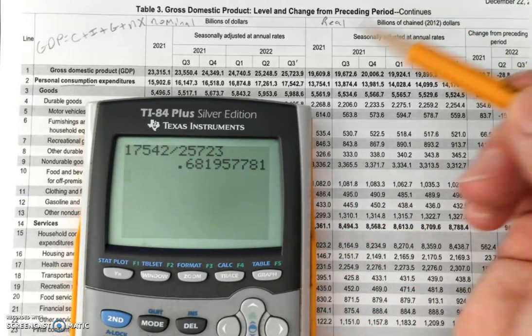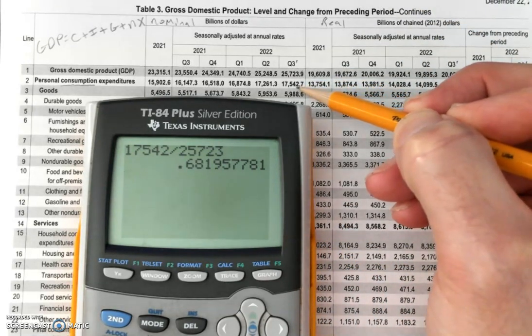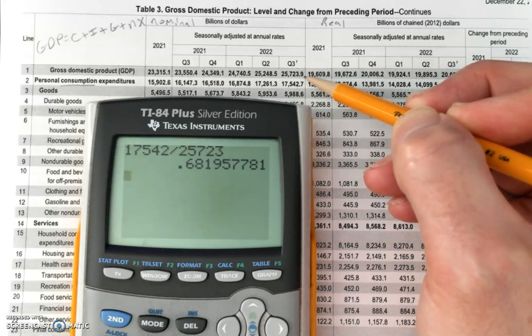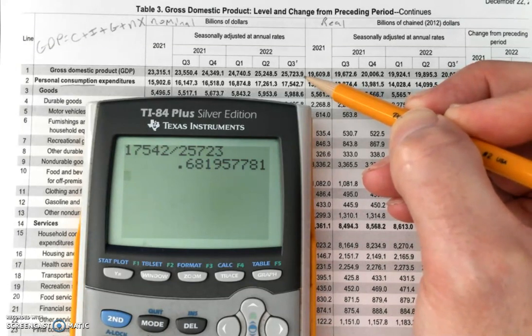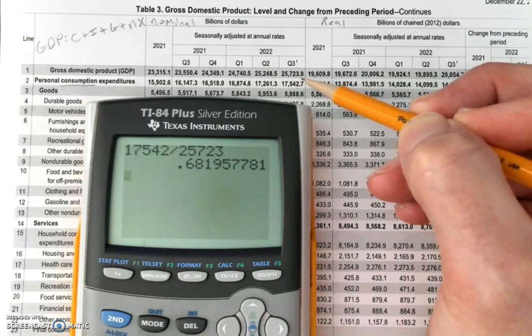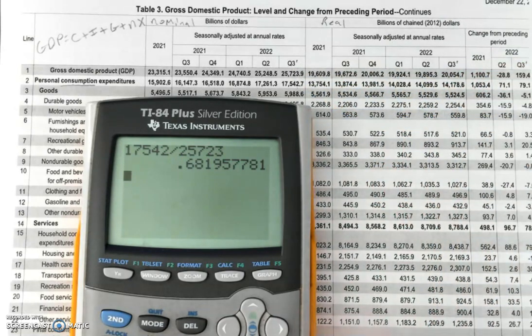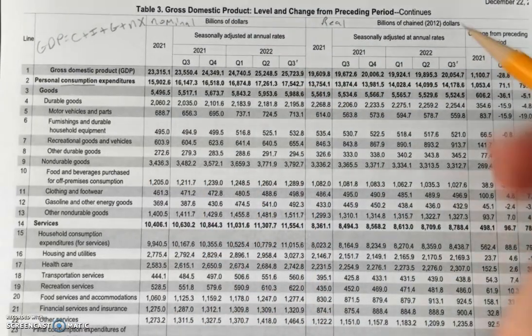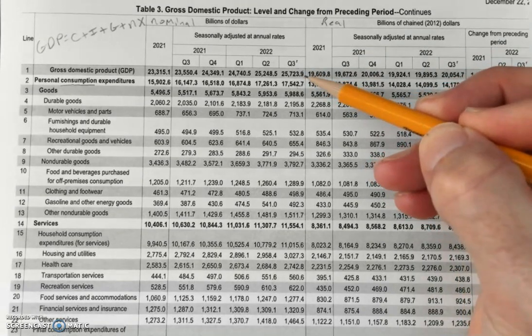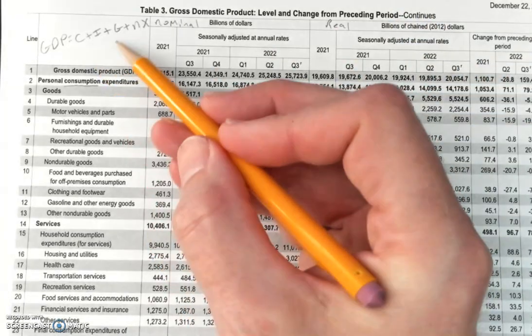Well, that means that personal consumption expenditures were 68% of total GDP. Usually, consumption is around that number, 68, 70, 72%. Consumption is the largest component of our output, and so this gives us the exact number. Okay? So you want to be comfortable calculating the percentage of GDP that each of these subcomponents make up.